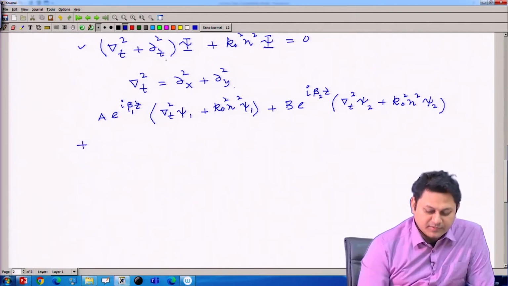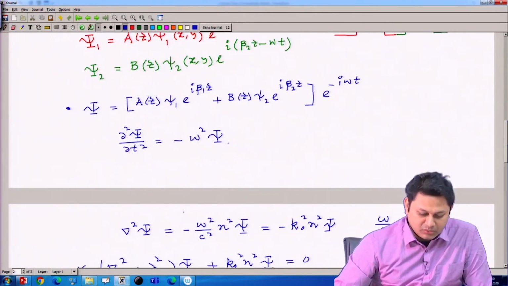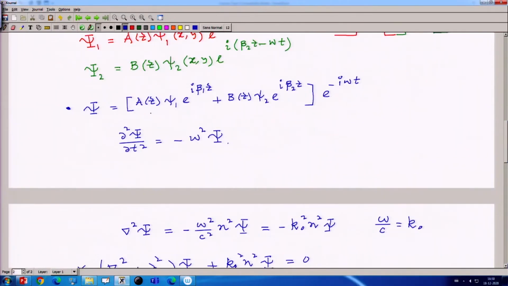Plus, now I have to execute this z derivative, and if you look carefully, we have two z components here: one is a function of z, A z and B z, and another is e to the power of I beta 1 z.